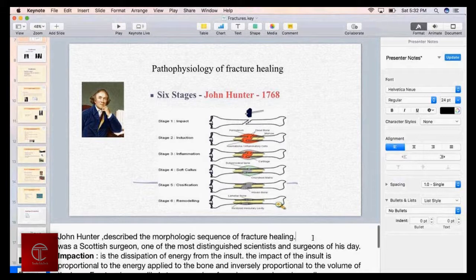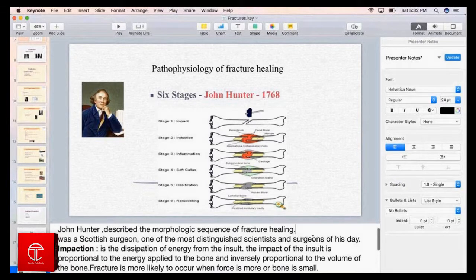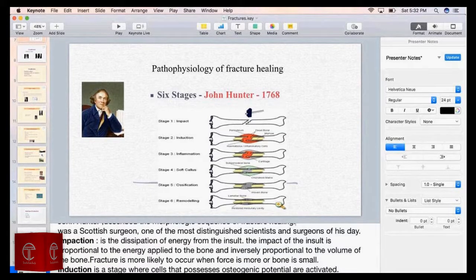Impaction is the dissipation of energy from an insult, and the impact of the insult is proportional to the energy applied to the bone and inversely proportional to the volume of the bone. For example, a fracture is more likely to occur when the force is more and the bone is small. That is impaction.